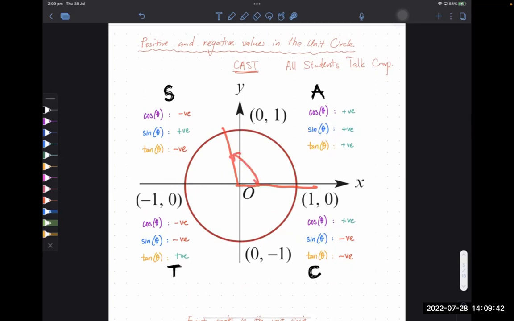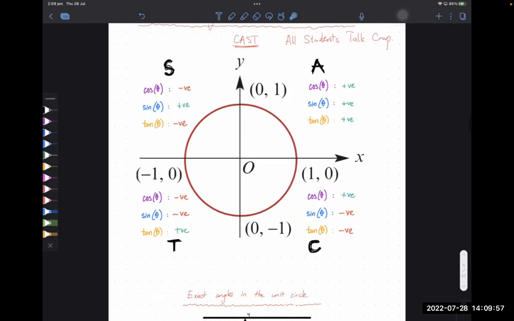I've got to understand where to find these angles. So if I give you, say, for example, 5 pi on 6, you've got to know where that lies in the unit circle. Okay. So what we're going to do is start splitting up this circle into some wedges now. You think of it as like a piece of pie, you start breaking it up into different pieces, right?